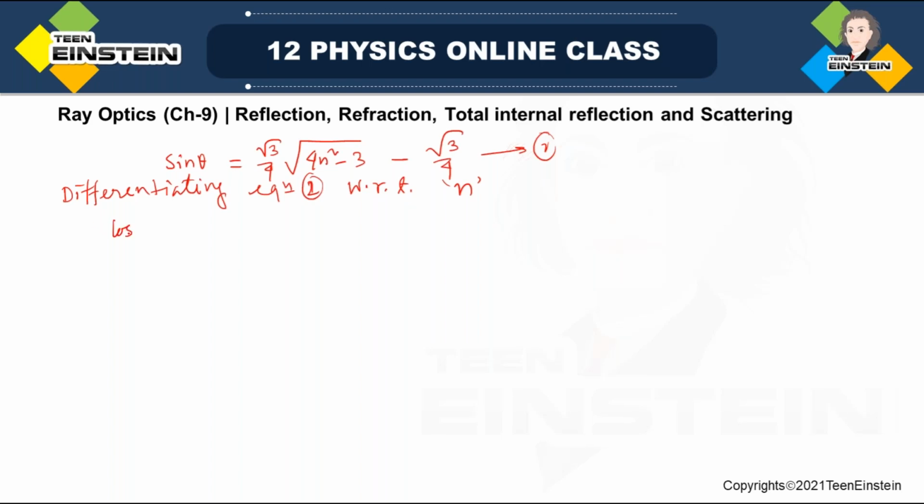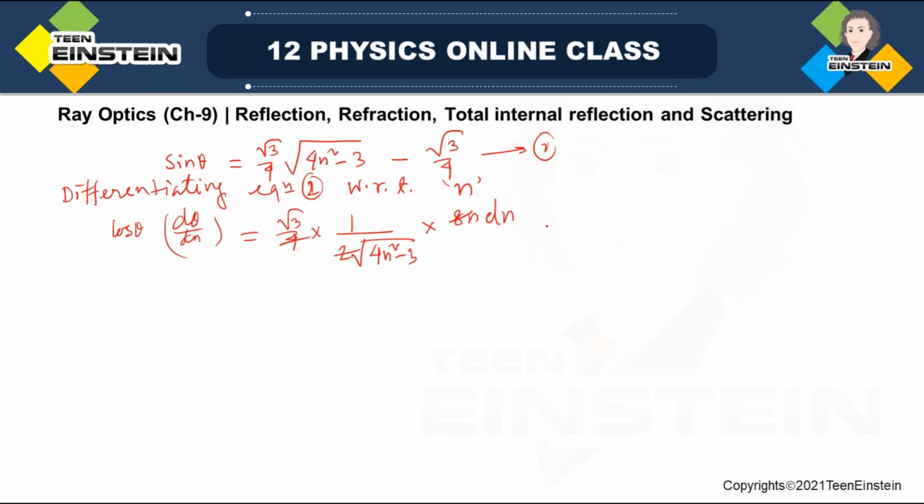We'll get cos theta d theta dn equals root 3 by 4. This is there, then it will be 2 root of this part, and derivative of again this 2, so this will be 8n dn, and this will give you 0. Anyway, I'm not writing that, so this 8 will be cancelled out.